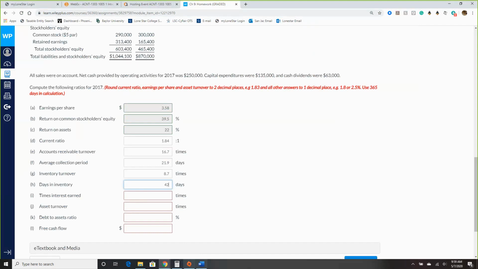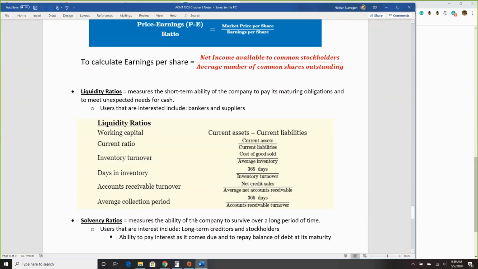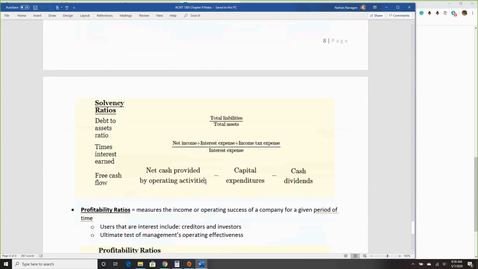Okay, times interest earned. So we have net income plus interest expense plus income tax expense, divided by interest expense. Nice one.